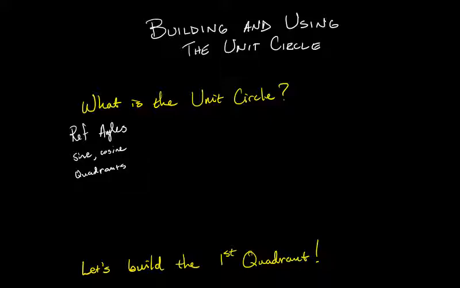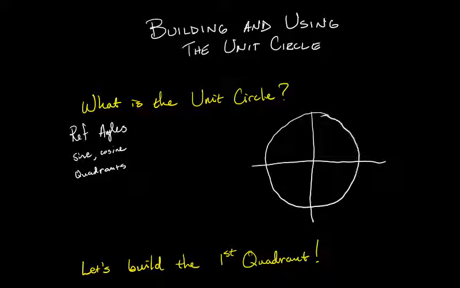But nonetheless, let me give you a little diagram of what the unit circle is. So here is the coordinate plane, our x and y axis, and let's say that we've got a circle here. Let's say that the radius of the circle is 1.